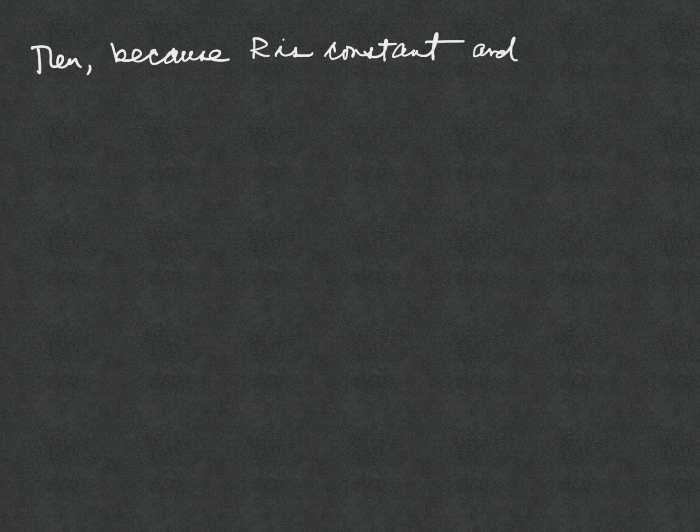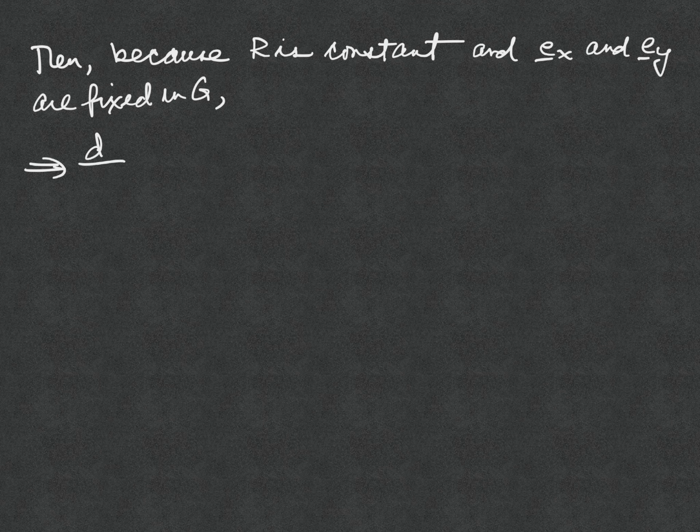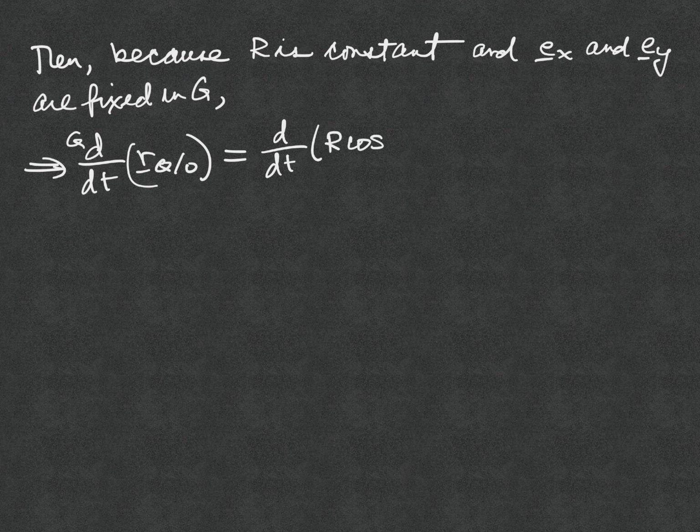So then, because R is constant, it's the radius of a circular disk, and EX and EY are fixed in G, we have that the rate of change in G of the position of Q relative to O is just going to equal d dt of R cosine theta times EX plus d dt of R sine theta EY.